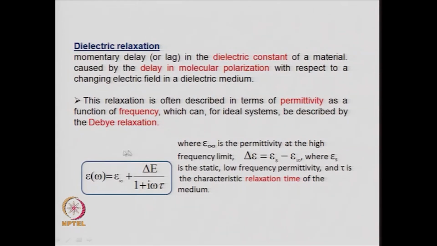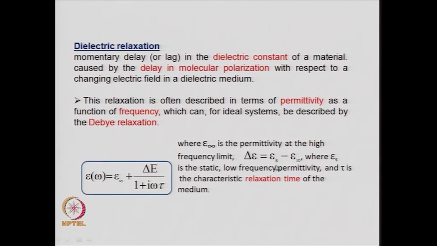So, this is an equation where the dielectric constant as a function of frequency is related to the dielectric constant at very high frequency, and also to the difference of the dielectric constant at high frequency and the dielectric constant at low frequency. So, epsilon s is called the static dielectric constant, the value of the dielectric constant when the frequency is nearly 0.